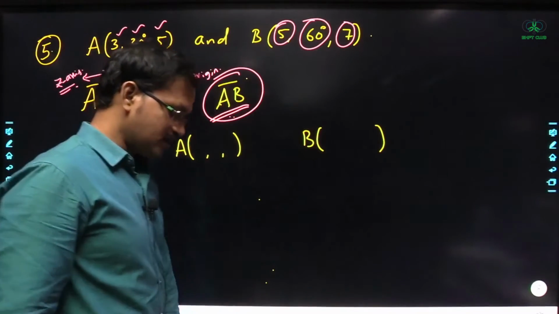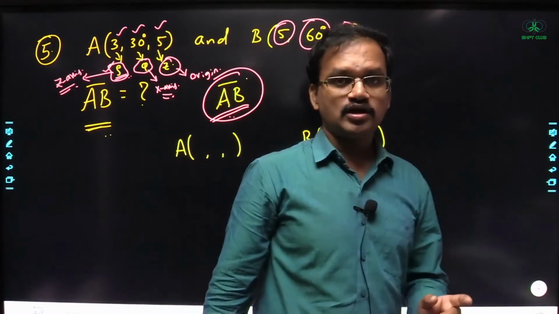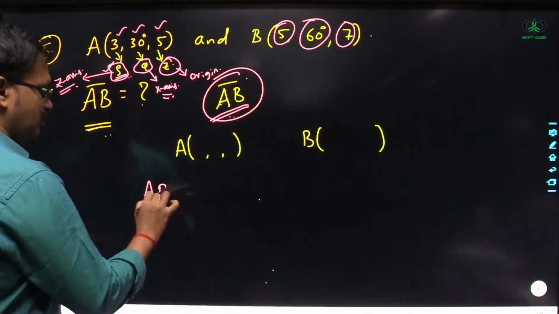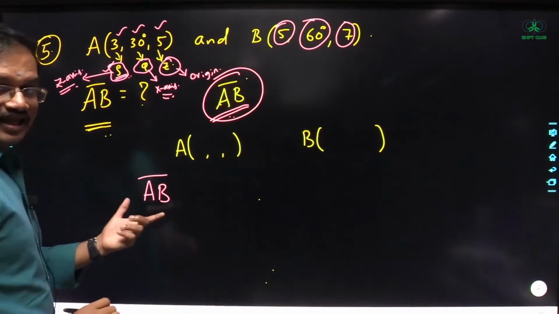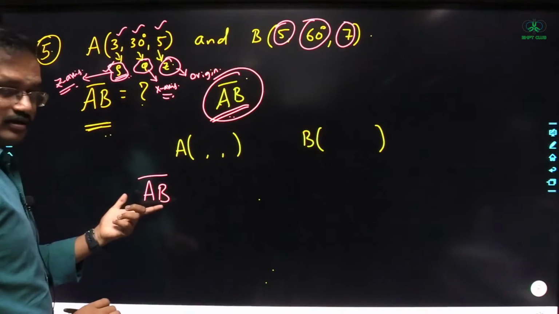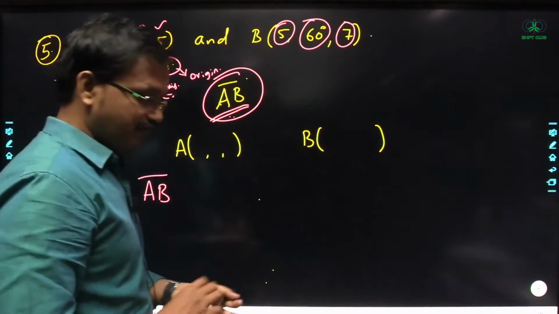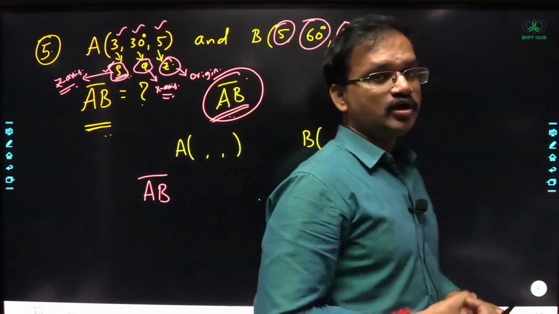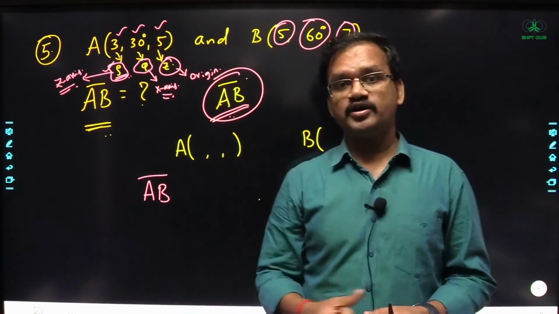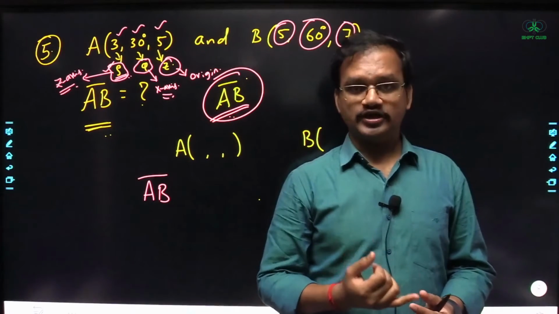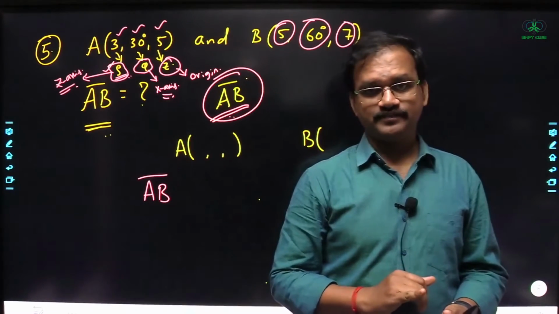So what are the conditions in order to represent in vector form, that is AB bar? The first condition is that all the three coordinates of point A and point B must have the same units.